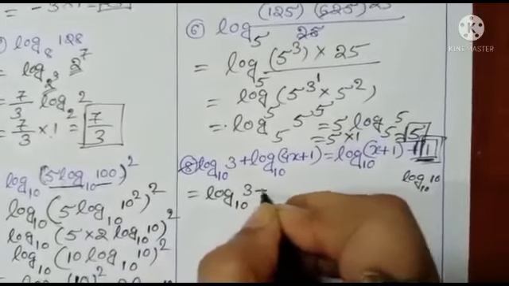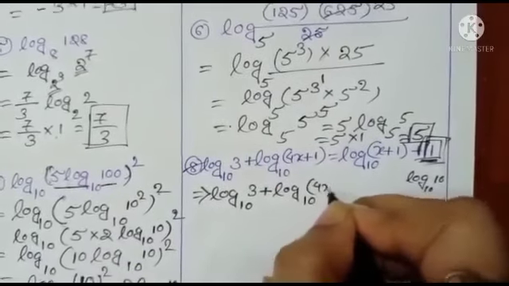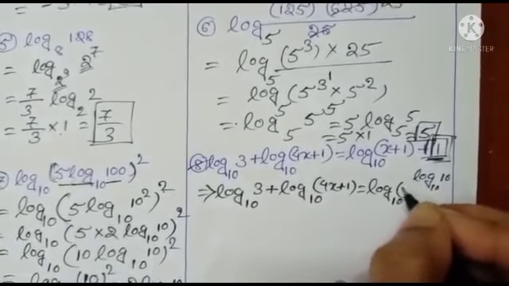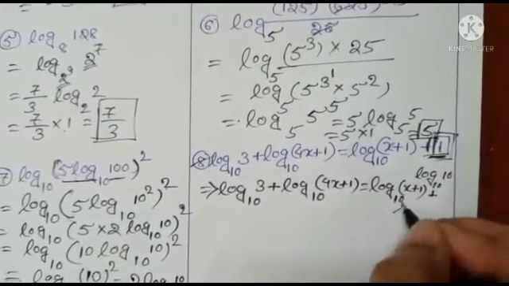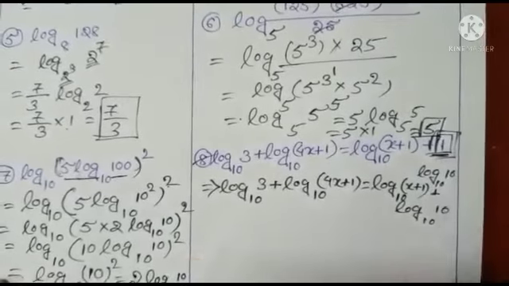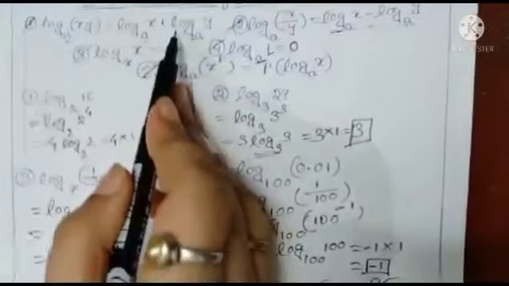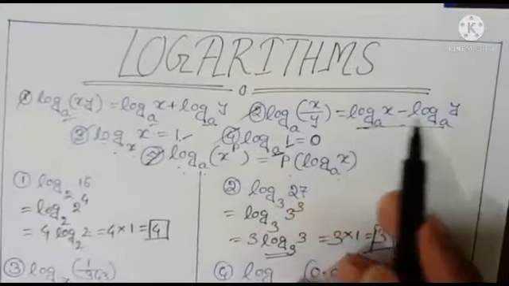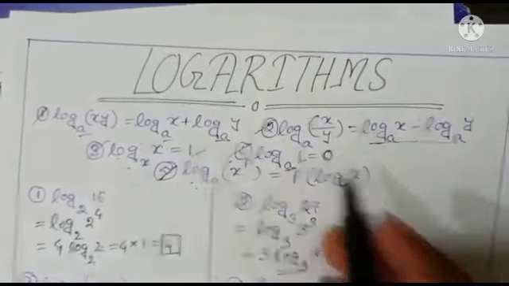Log base 10 of 3 plus log base 10 of 4x plus 1 is equal to log base 10 of x plus 1 plus, convert it, log base 10 of 10. Whenever multiplication converts into summation, whenever summation is given, it also converts into multiplication. Whenever division converts into subtraction, whenever subtraction is given, it also converts into division.